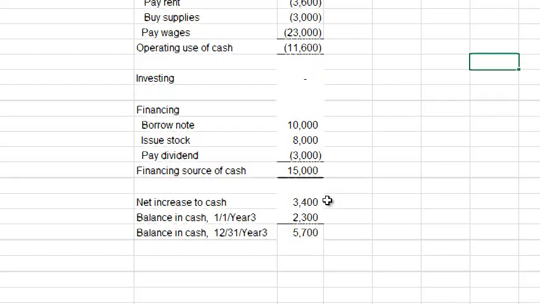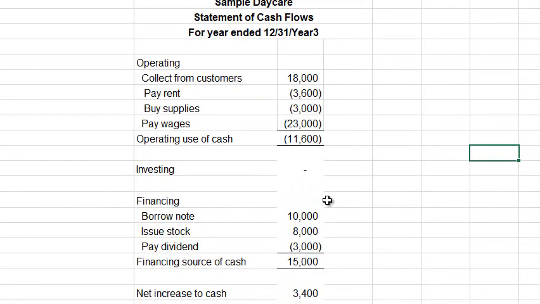Now this statement of cash flows that we just prepared is a statement of cash flows prepared under the direct method. The direct method is fairly intuitive for a reader to understand, but it's very uncommon that companies will use this method in their financial statements.